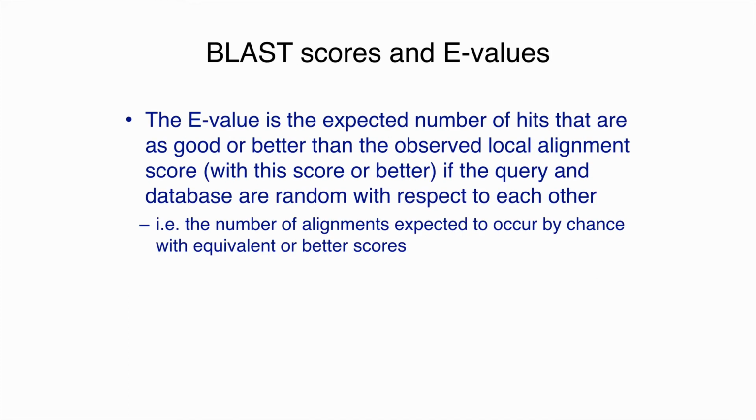So more formally, the e-value is the expected number of hits that are as good or better than the observed local alignment score, that's the score returned for this particular hit, if the query and database are random with respect to each other. So that is the number of alignments expected to occur by chance with a score just as good or better than the one we're talking about right now.